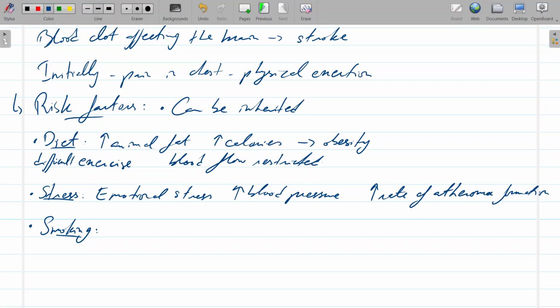And so not only does it start depositing, it makes your arteries harder, less elastic. And so when the blood is flowing under pressure, they can't cope with the pressure, and so that's going to cause damage, obviously. It speeds up and promotes the buildup of fat, as well as tar depositing itself. So there are a lot of problems with it.